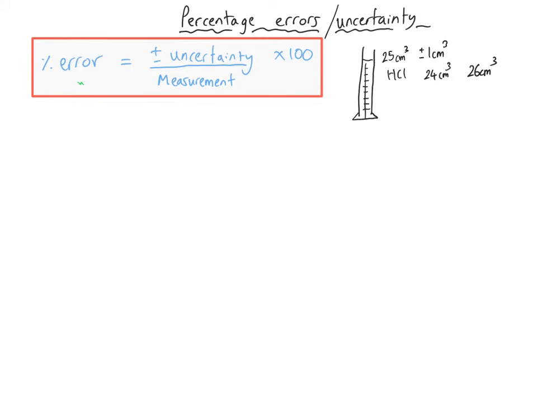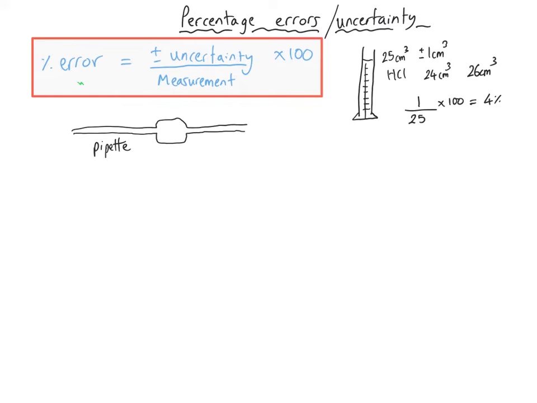So the percentage error in this case is the uncertainty, which is 1, divided by the measurement, which was 25, multiplied by 100, which gives us an uncertainty of 4%. So that means that we could be 4% higher or we could be 4% lower.